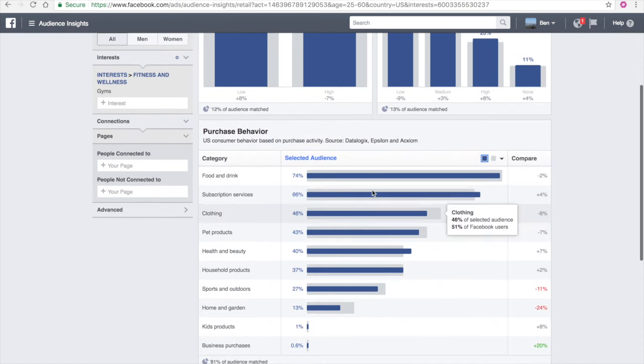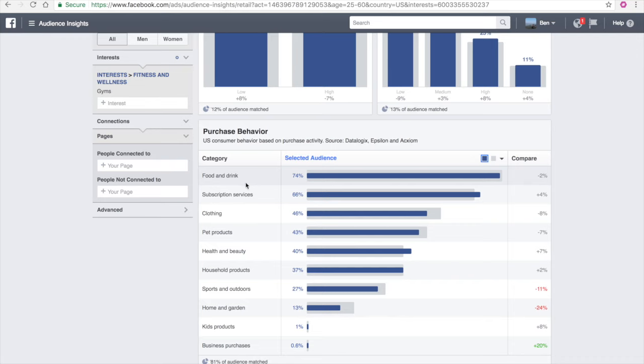Now, this is another big one, purchase behavior. What are these people actually buying? So they're buying, obviously, sustenance, subscription services. So, for the course, we might want to offer some sort of subscription.